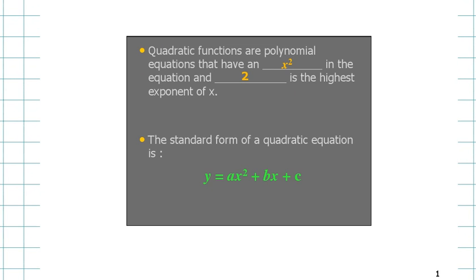So a quadratic function is a polynomial equation that has an x squared in the equation, and 2 is the highest exponent of x. That being said, any form, so let's say if you have something that looks like this, right?